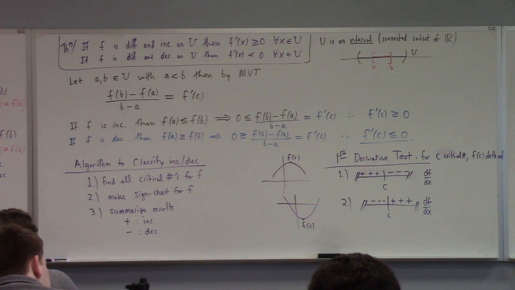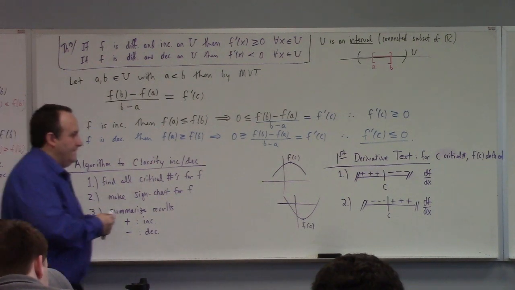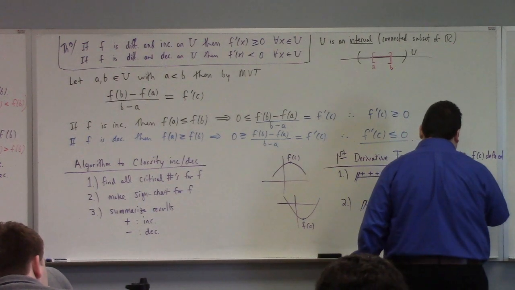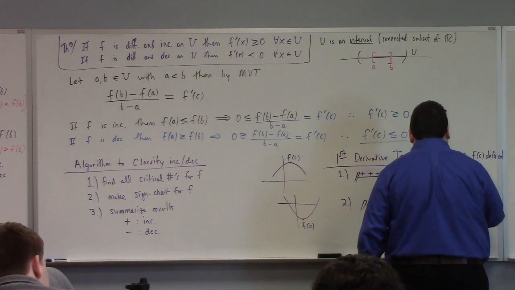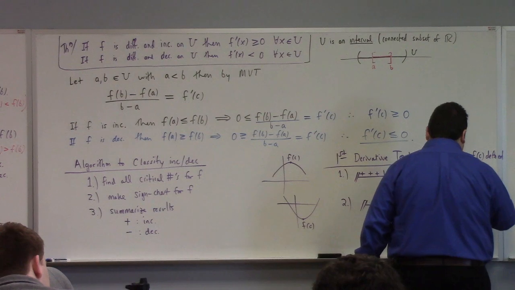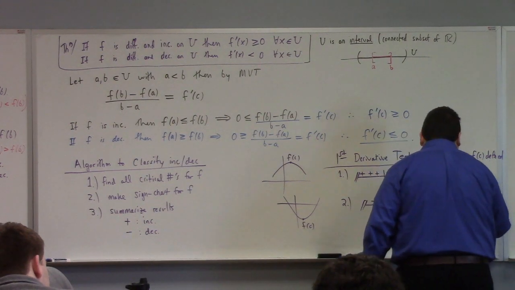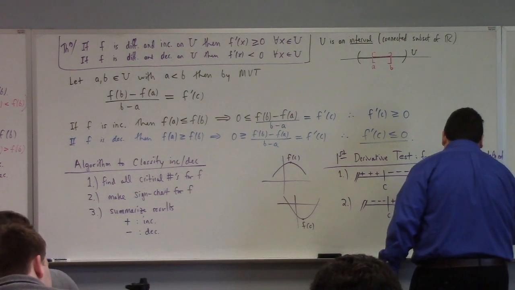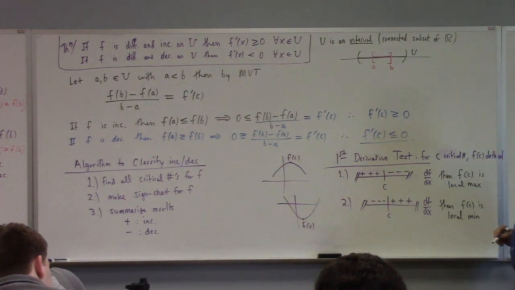So obviously case 1 is what? A local max. And over here, f of c is a local minimum, right?